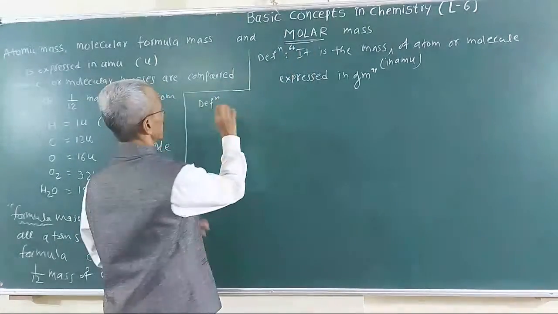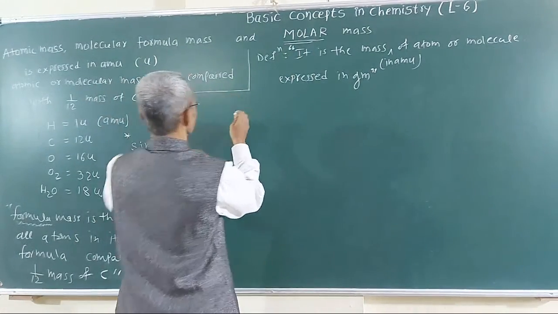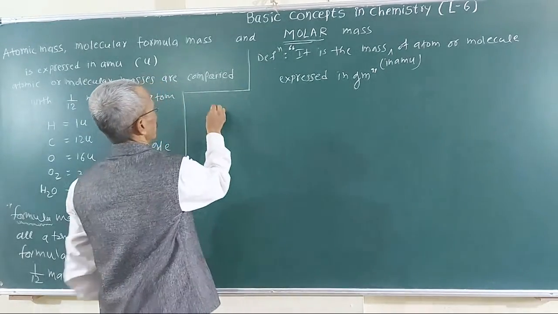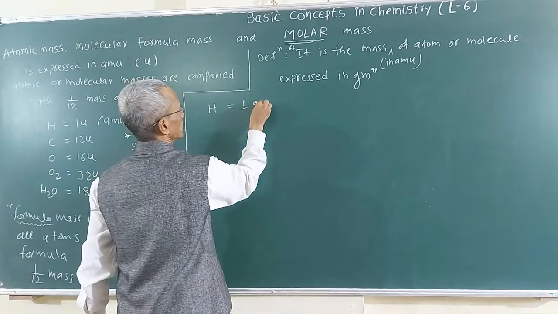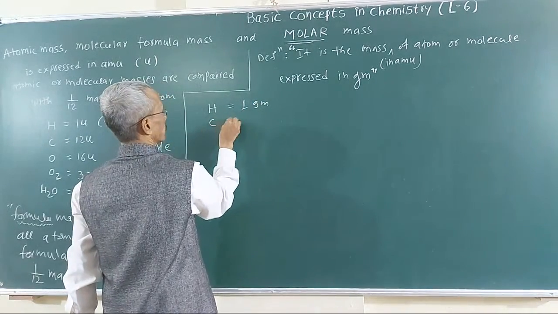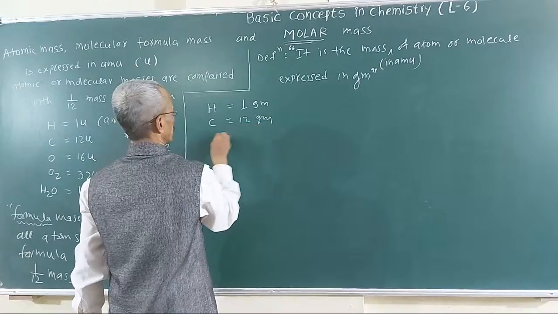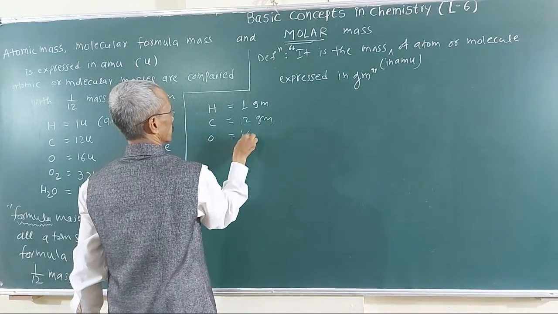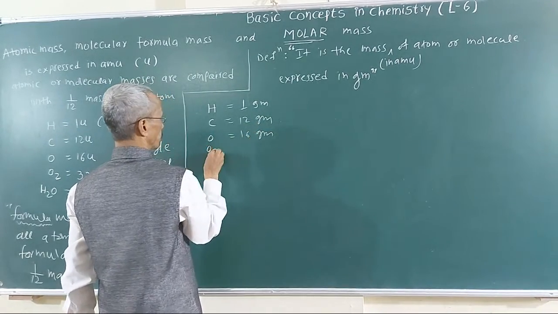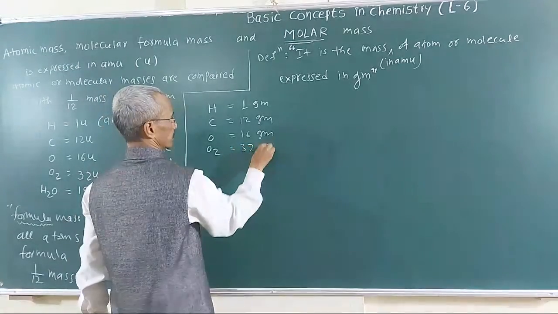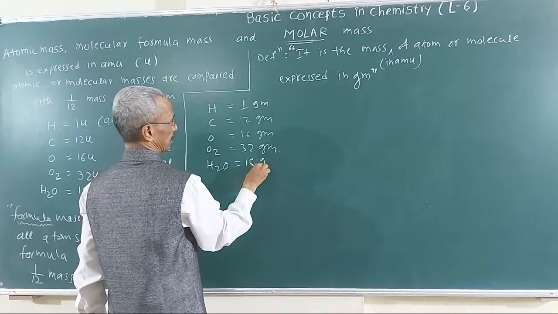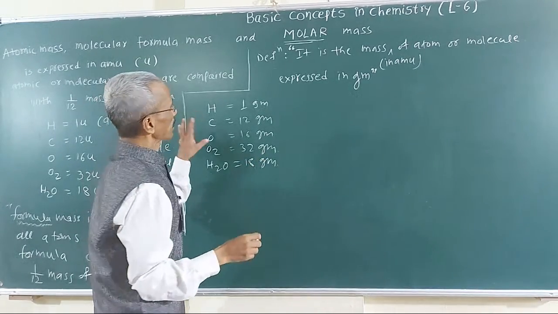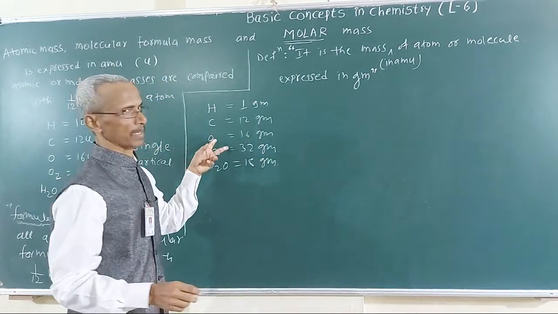So if you consider hydrogen, that is 1 gram, carbon 12 grams, oxygen 16 grams, an oxygen molecule 32 grams, or an H2O molecule 18 grams. These are nothing but the molar masses.